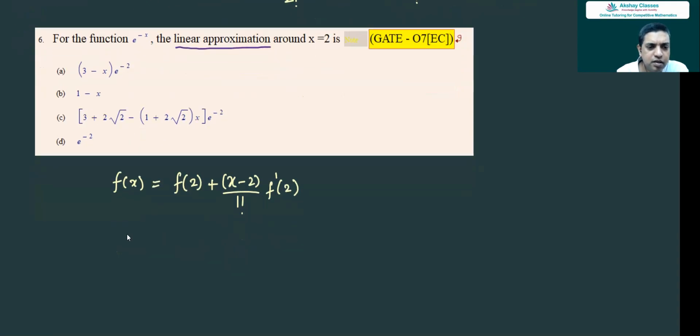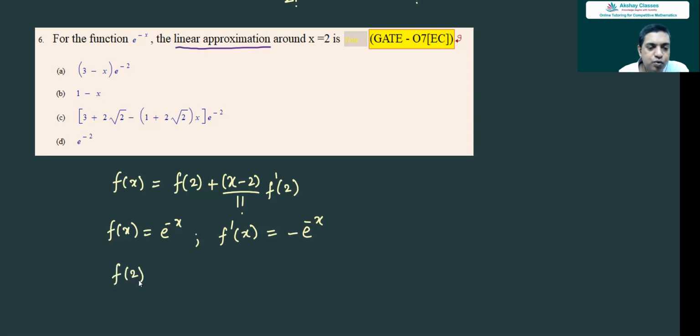Now f of x is e power minus x. So what will be f dash x? Minus of e power minus x, e power minus x into minus 1. That's all.